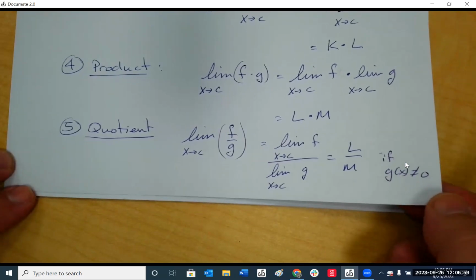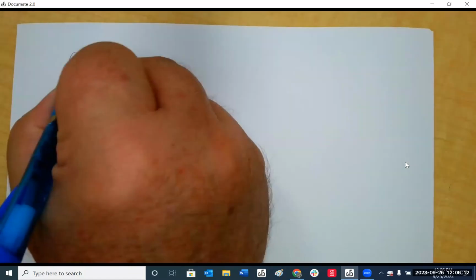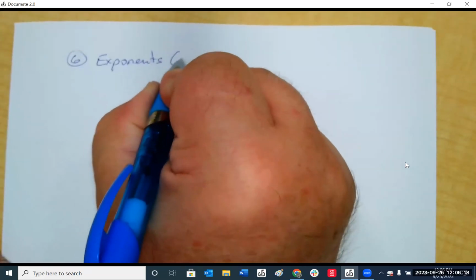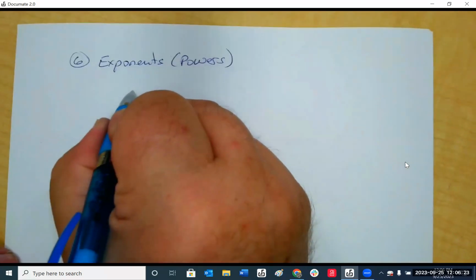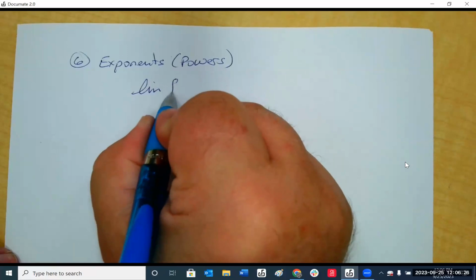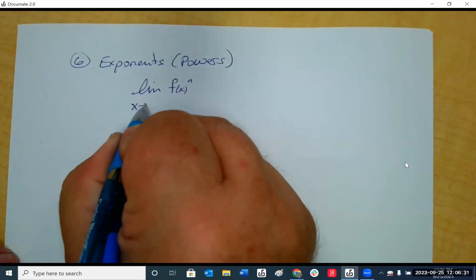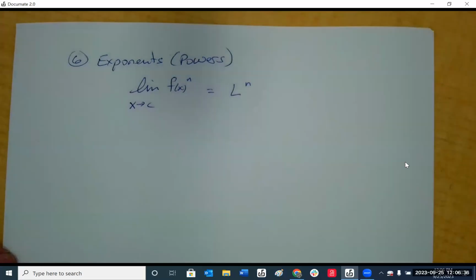The next one is going to be exponents, powers. This one says the limit of f of x to the power n as x approaches c is equal to L to the power n.